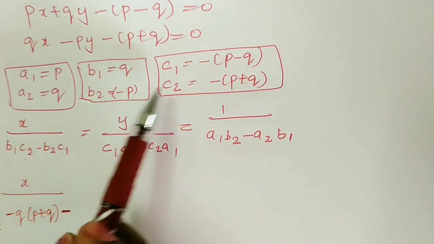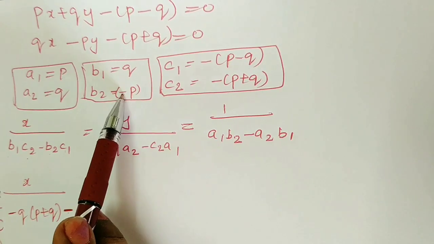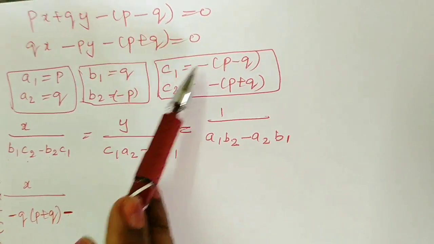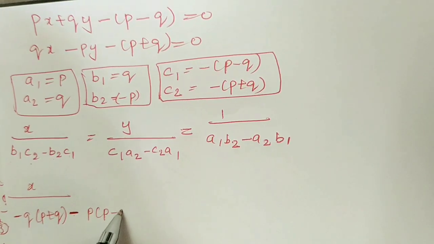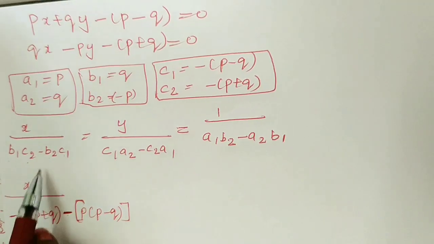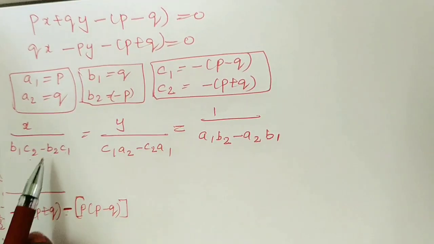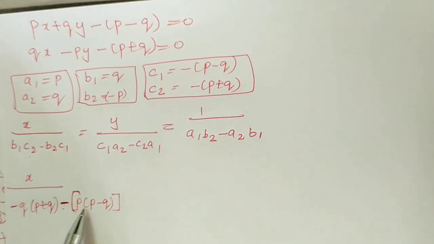See here, b2 c1. Minus of minus is plus. Minus into minus plus. p into p plus q. Close it inside a bracket. This is formula minus. b2 into c1. We are multiplying b2 into c1.